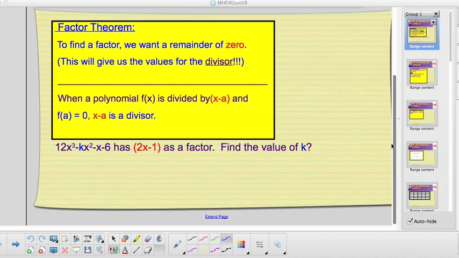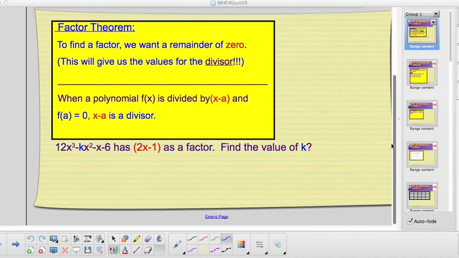This is going to count as your Unit 9 notes, but 12x cubed plus kx squared minus x minus 6 has 2x minus 1 as a factor. So that means we're assuming there is a remainder of 0. Find the value of k.